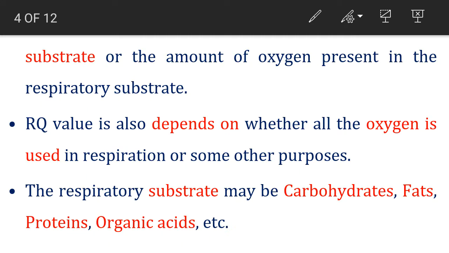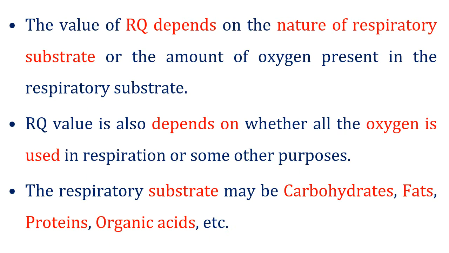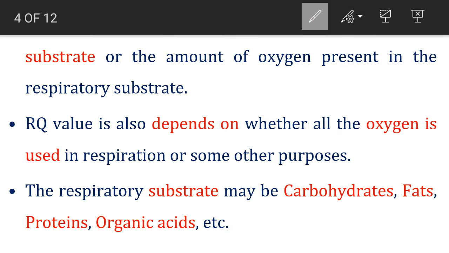The value of respiratory quotient also depends upon the type of respiratory substrate. There are various kinds of respiratory substrates, such as carbohydrates, fats, proteins, organic acids and fatty acids. On the basis of the substrate there is a difference in the involvement of oxygen.